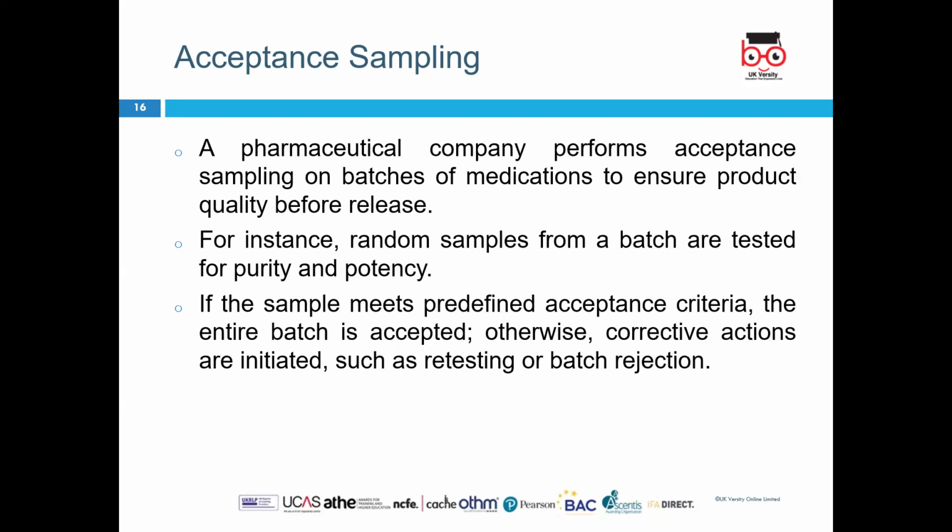If a sample meets predefined acceptance criteria, then the entire batch is accepted. Otherwise, corrective actions are initiated, such as retesting the batch or rejection of the batch. As you can understand, each of these industries can have significant implications if the control limits are not maintained. Therefore, there is a lot of focus on quality management in organizations.